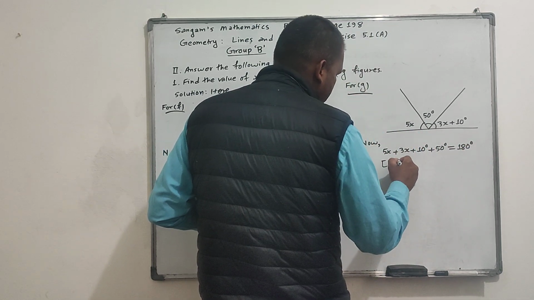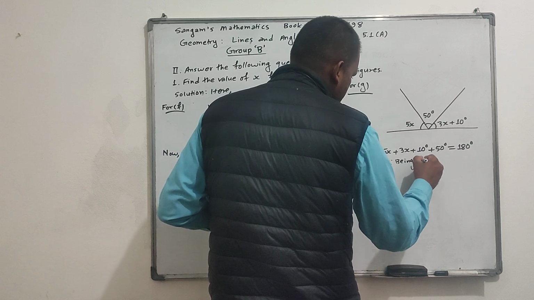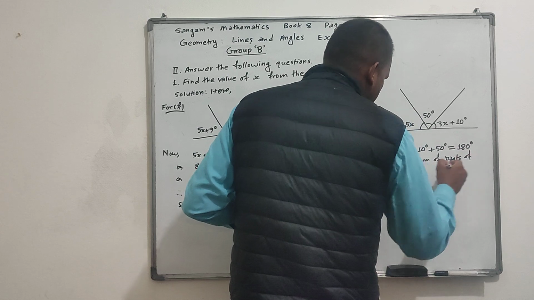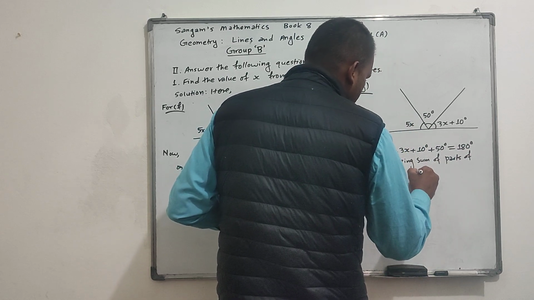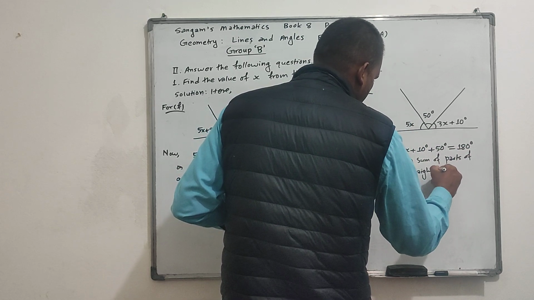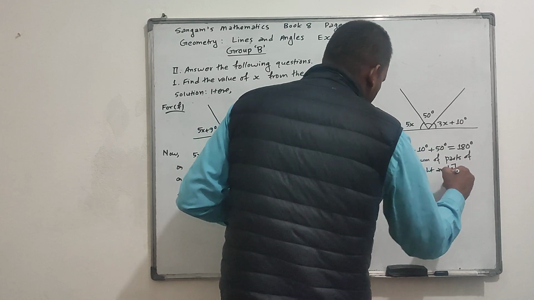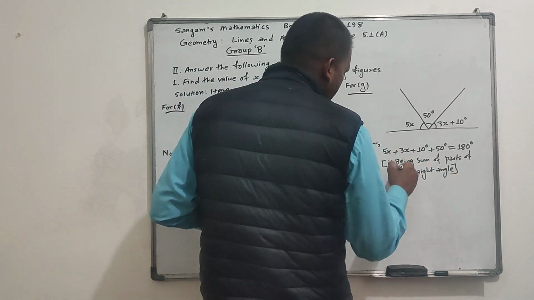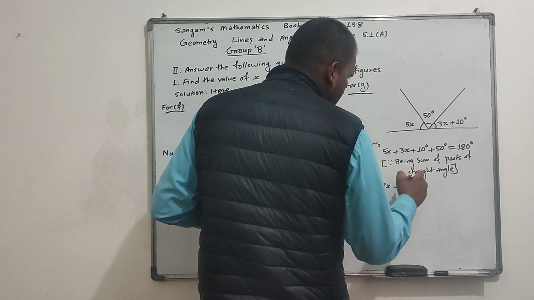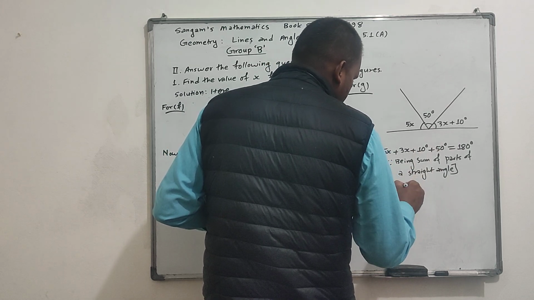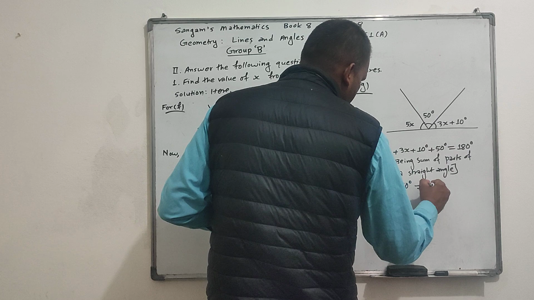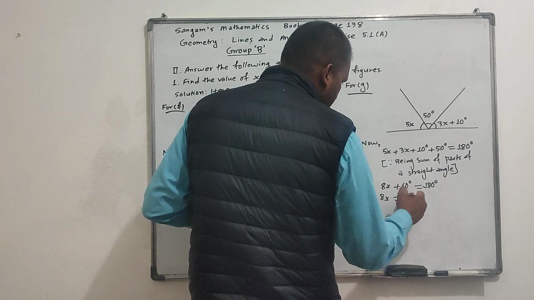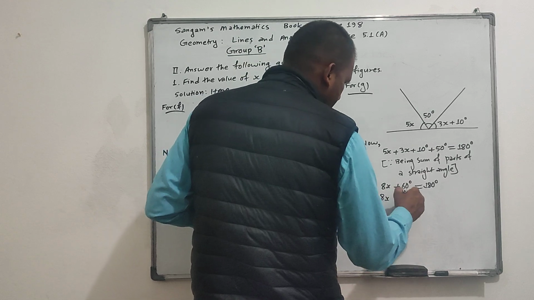Reason being sum of parts of a straight angle. Or 5x plus 3x, 8x plus 50 plus 10, 60 degree equal to 180 degree, or 8x equal to 180 minus 60, that is 120 degree.